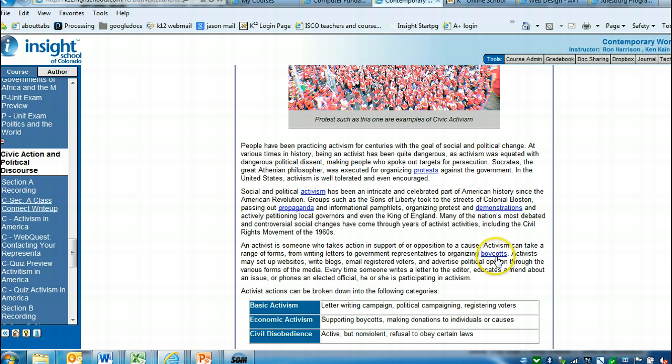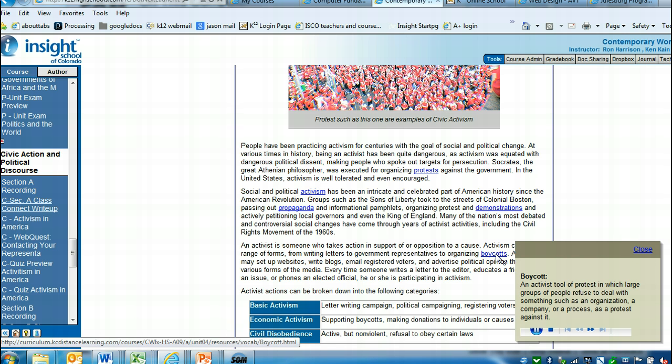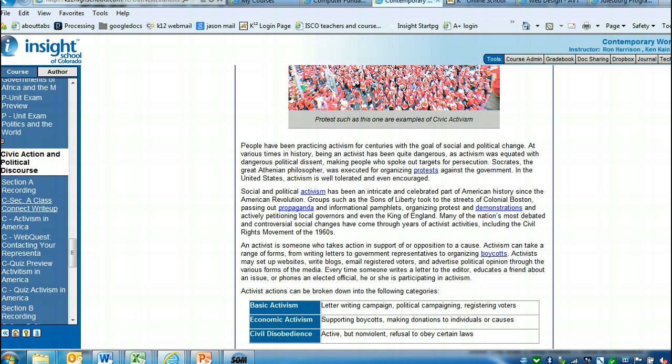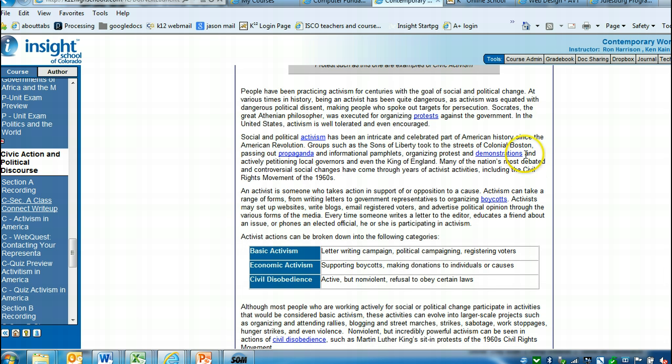And they can boycott. Lots of times boycott would be refusing to do business with a certain business or something like that. So those are 4 ways: protest, propaganda, demonstration, and boycotts. Those are 4 ways that people are activists, how people can show their displeasure for something.